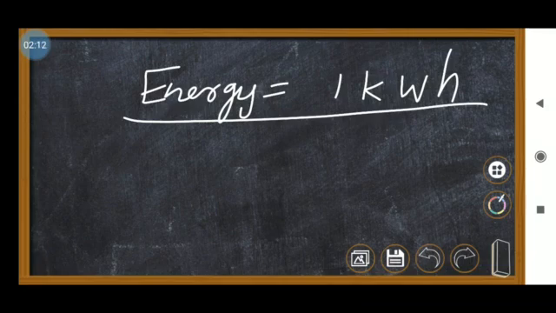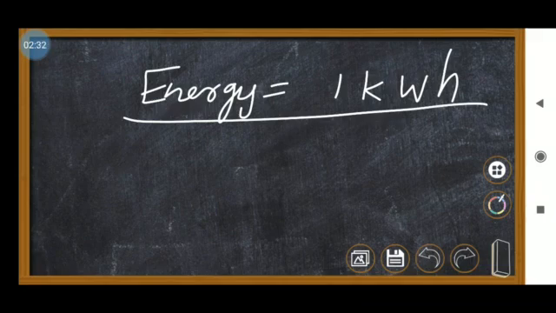So the energy can be calculated from how many hours the device is working and how much power it has. This is the commercial unit of energy, which we say in terms of 1 kilowatt hour.